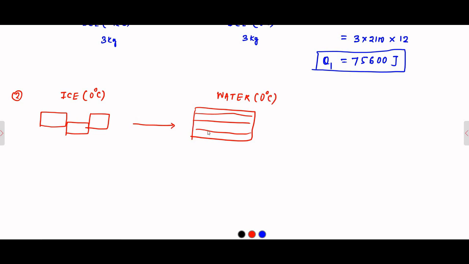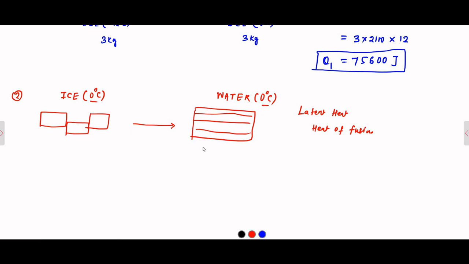So this transition will happen through latent heat of fusion. So temperature is remaining constant, so this heat which will be supplied will remain hidden and it will be used up in converting the ice in solid phase into water, which is in liquid phase.